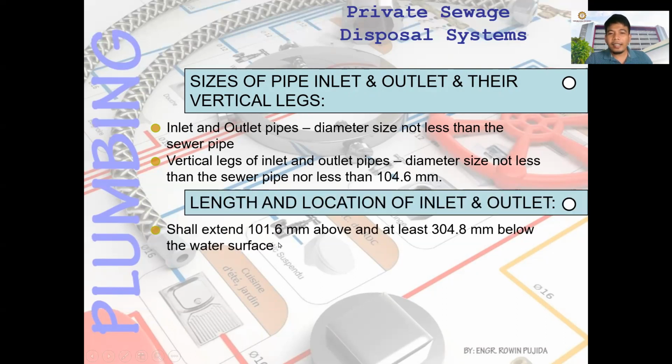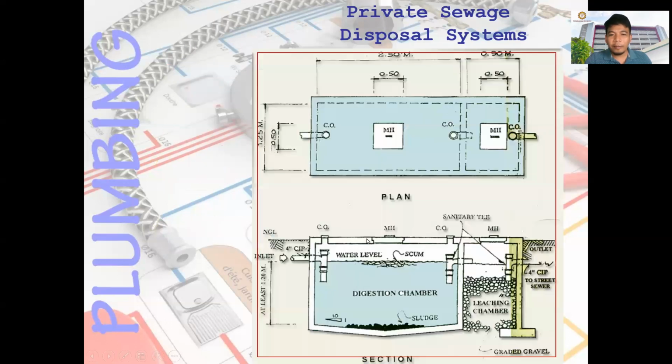Then length and location of inlet and outlet shall extend 101.6 millimeter above and at least 304.8 millimeter below the surface of water. Okay, so based from this drawing, this is the inlet that is 100 millimeter below, and you have the 300. It depends on the depth.